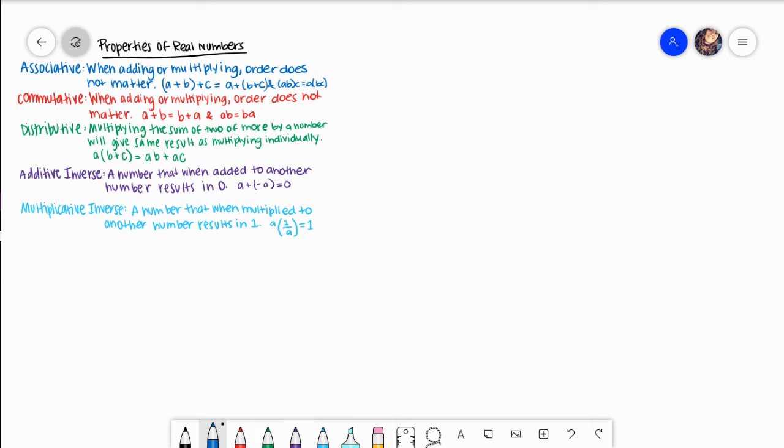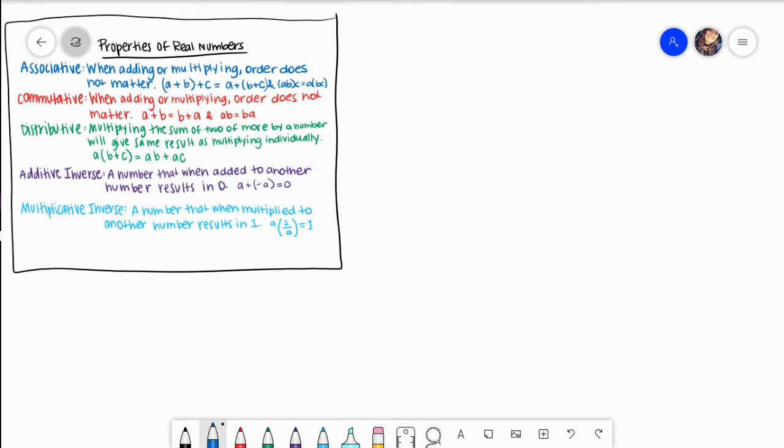And then also for multiplication, if you do A times B first in parentheses and then multiply it by C, it's the same exact thing as doing B times C first in parentheses and then multiplying it by A. So I'm going to do an example of our associative property. Let me see here.